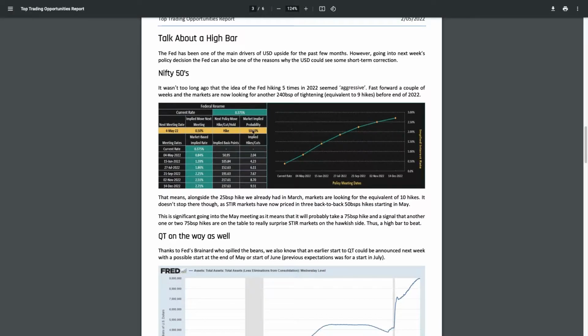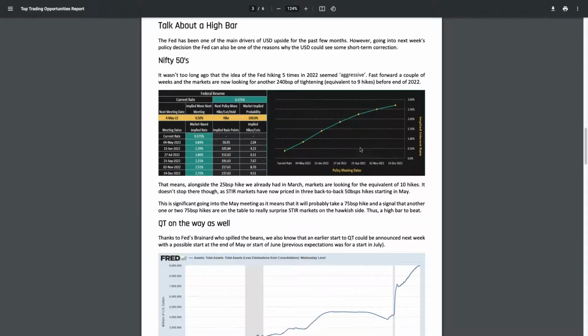That means that short-term interest rate markets are pricing in a 50 basis points rate hike today, and then 2 more after today. So there are 3 back-to-back 50 basis points rate hikes priced in, and the announcement of the start of quantitative tightening, the end of quantitative easing, right?